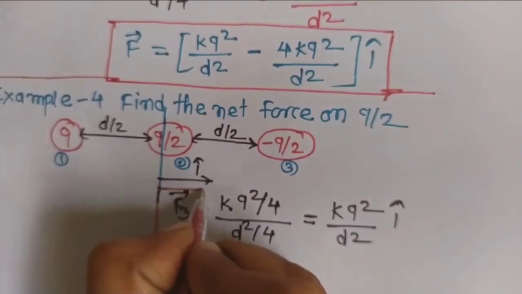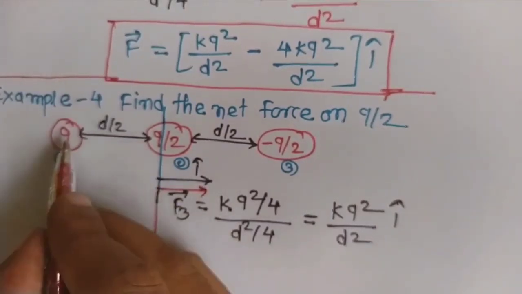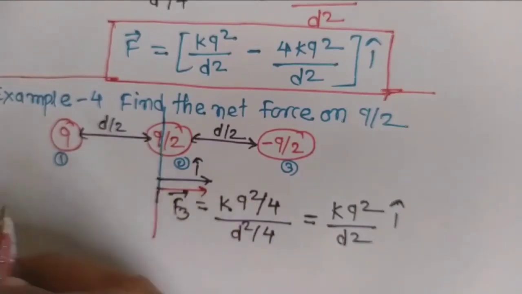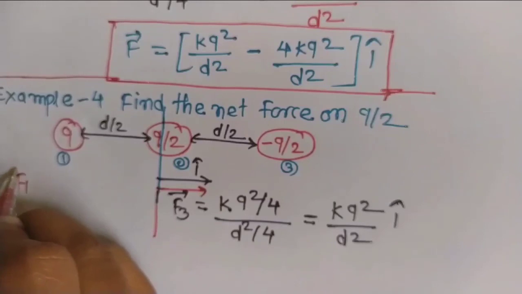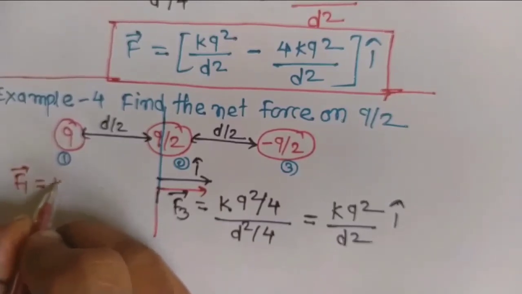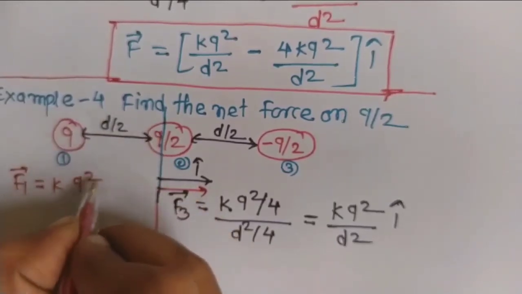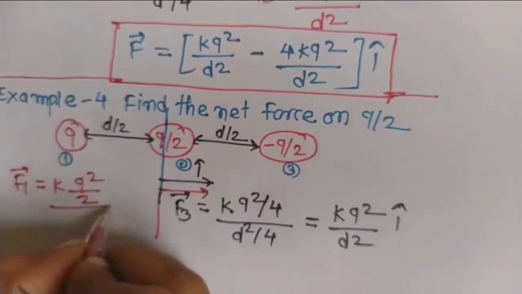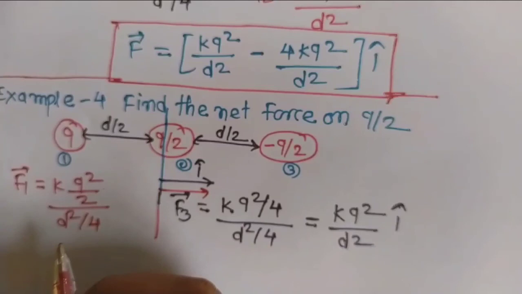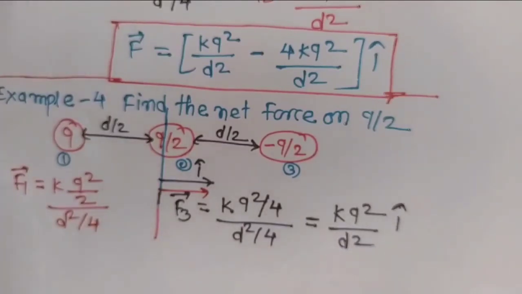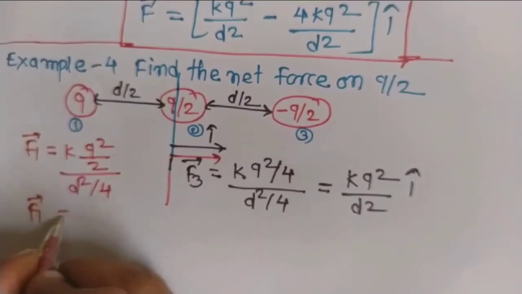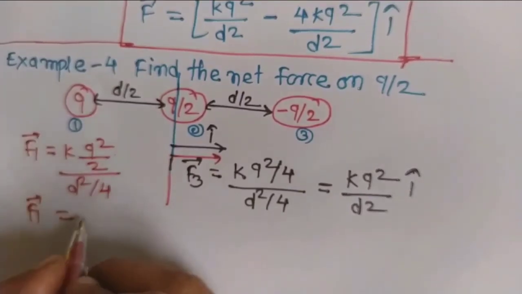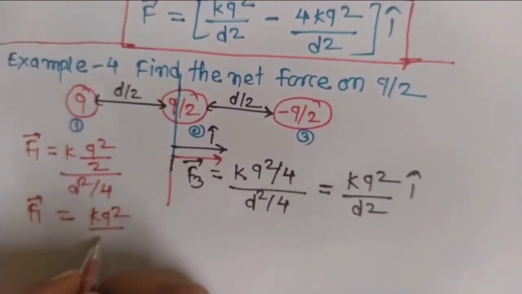Due to the plus Q charge, both charges are positive, therefore they repel each other and F1 bar is equal to K Q square by 2 upon D square by 4. They repel, therefore this direction is again positive. It is again a right hand direction.